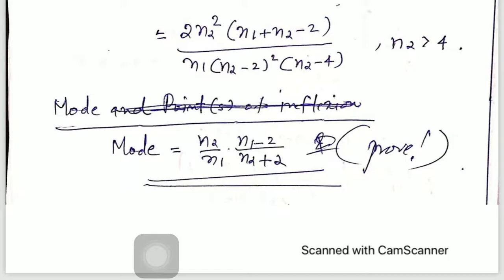In sampling distribution, we are making samples, random samples from a normal distribution, and using sampling from the normal distribution we will encounter these 3 distributions, that is chi-square distribution, t distribution, and F distribution.